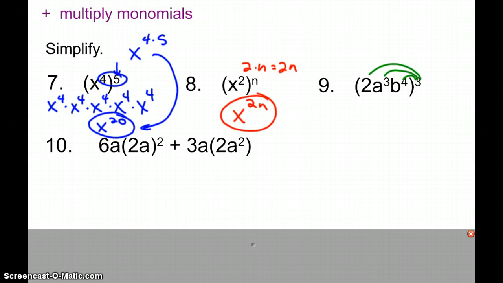And so we have 2, and since that's the first power, 3 times 1 is 3, so we have 2 to the third power, a to the third power, so if we multiply 3 times 3, that's a to the 9th, and b to the 4th, if we take 4 times 3, that's b to the 12th. And so if we finish simplifying, 2 to the third power is 8, so we have 8, a to the 9th, b to the 12th.